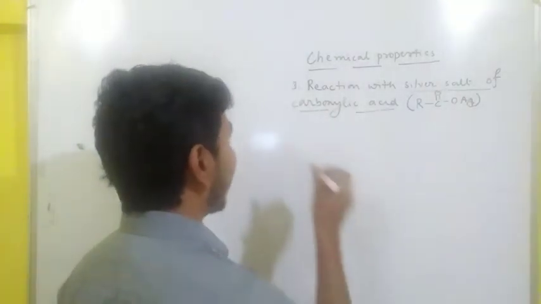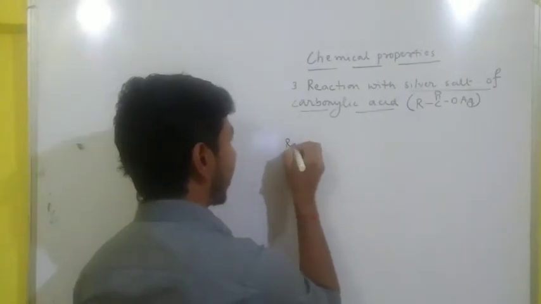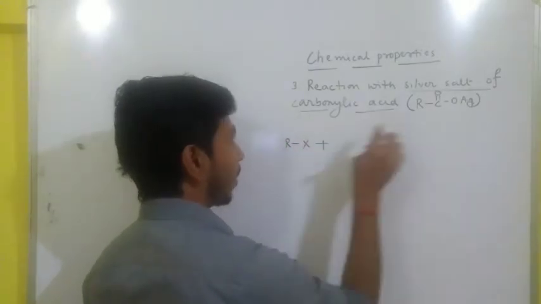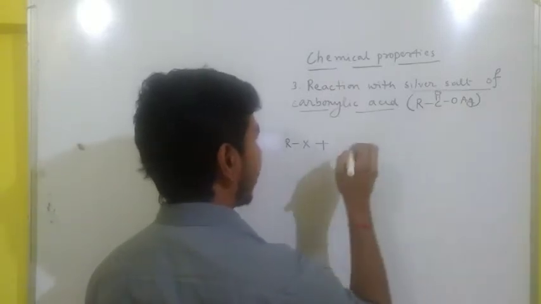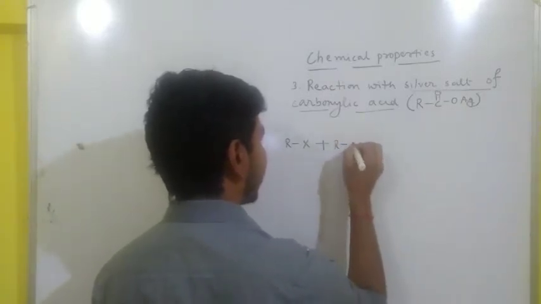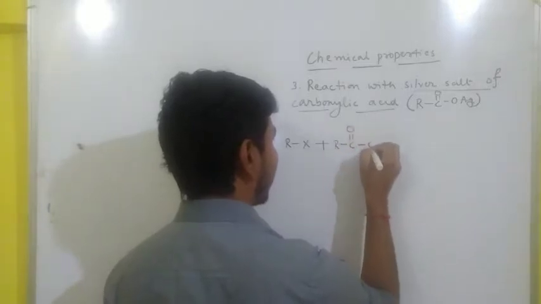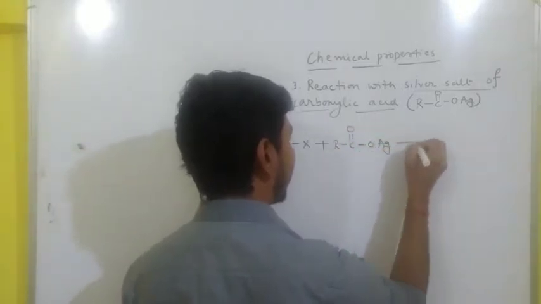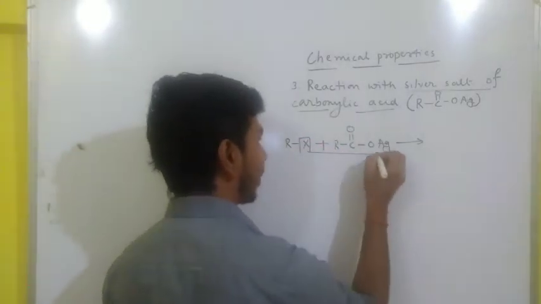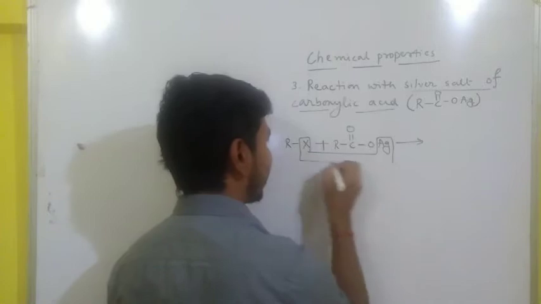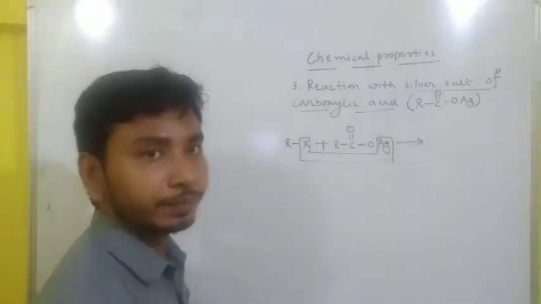So alkyl halide, that is RX, on treatment with the silver salt of carboxylic acid, that is RCOOAg. So now here the silver halide is removed.